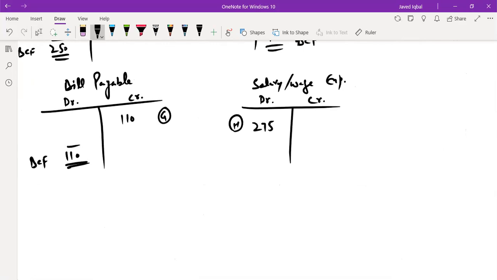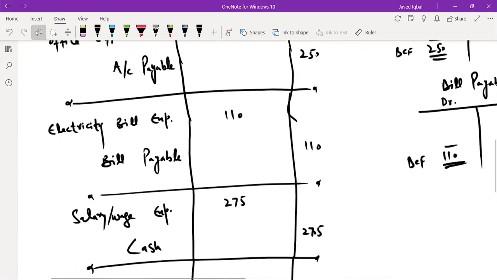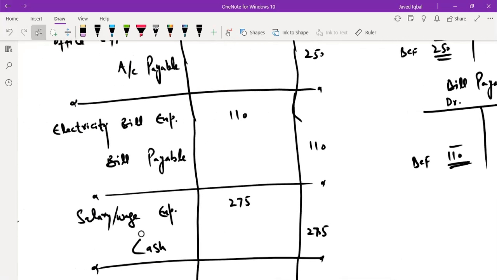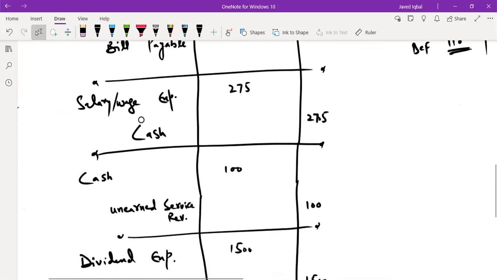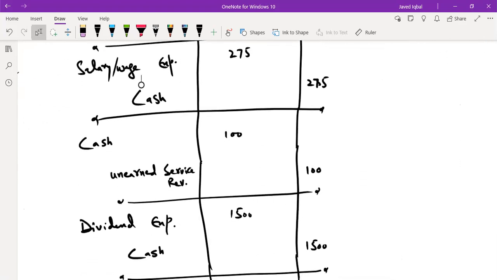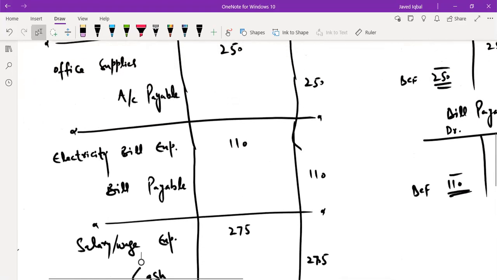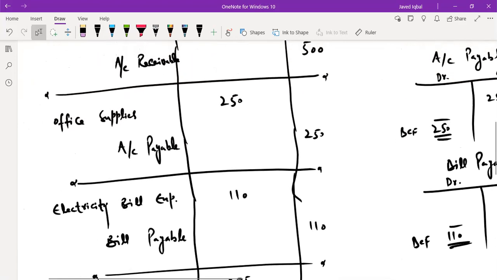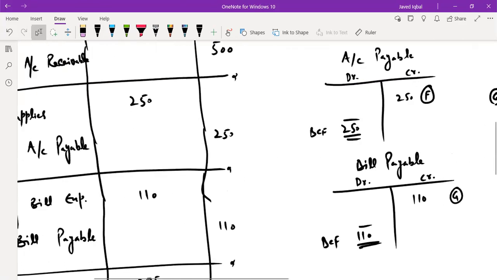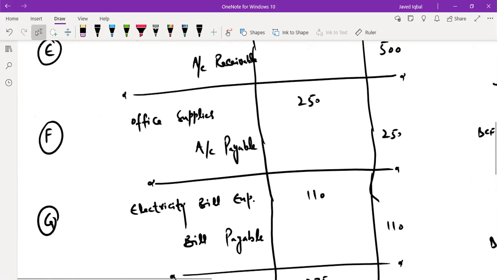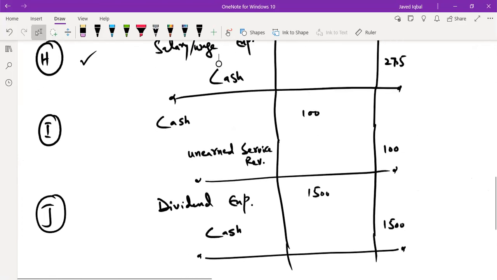Okay, and then we'll write the balancing amount on the right side. This balance will be carried forward. Okay, so moving on, we just wrote salary or wage expense.